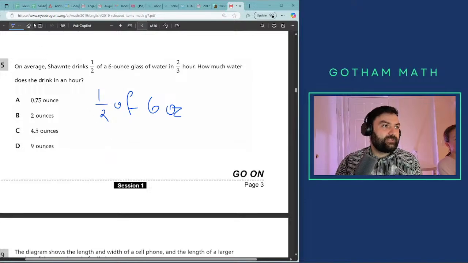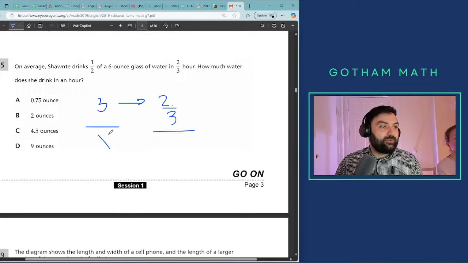So it means 3 ounces in 2/3 of an hour, right? How many ounces in 1 full hour? This is a proportion that we're going to use. How do we find our x?